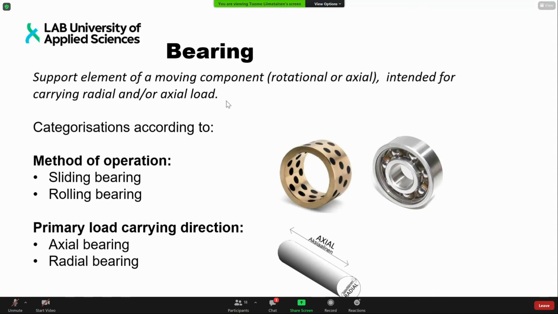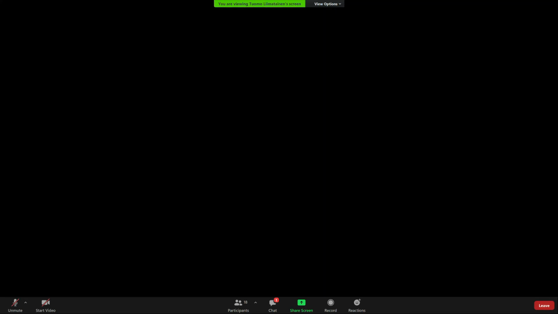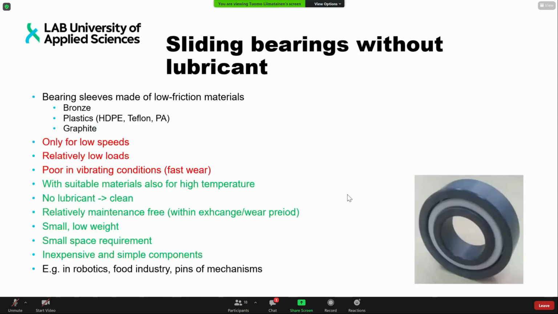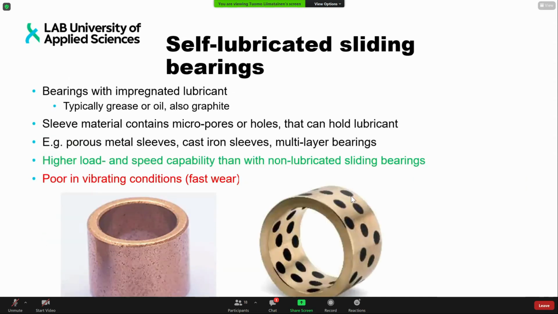I know that there are some sleeves which are used purely with the intention to protect the shaft surface from being scratched due to the touching of the lip seal, for example. That would not be a bearing. A bearing is always a component that is intended for carrying the load. So when there is a support function, it means that it is a bearing. Yes. Yeah, right. Thank you all.